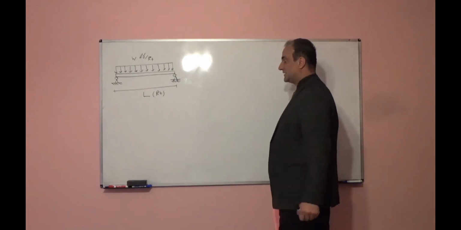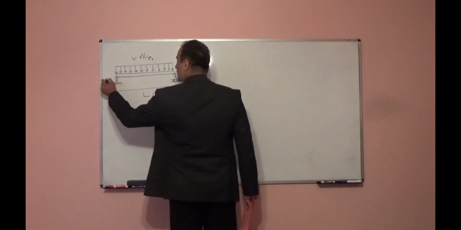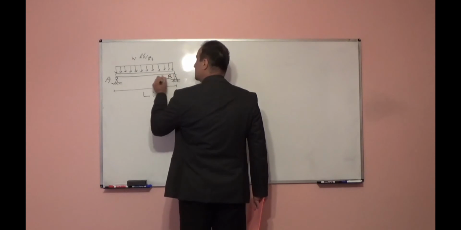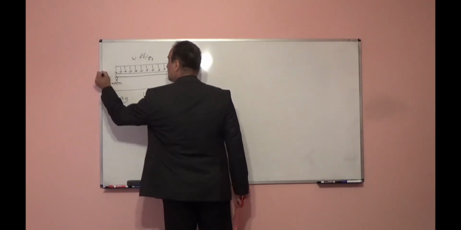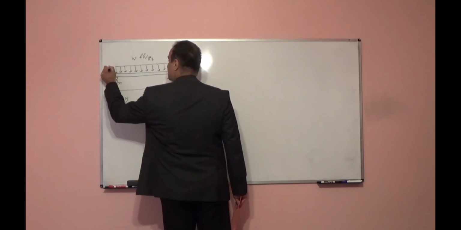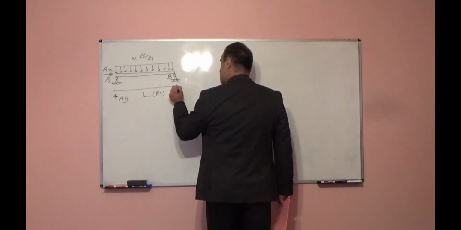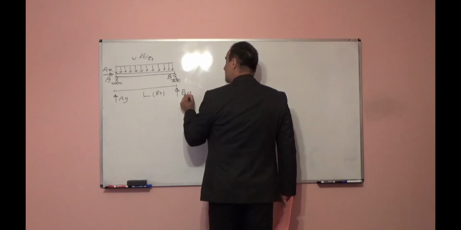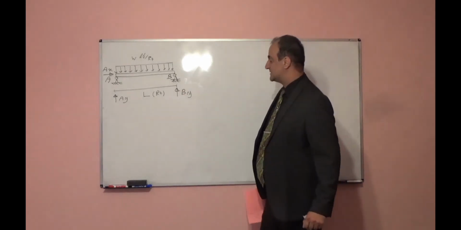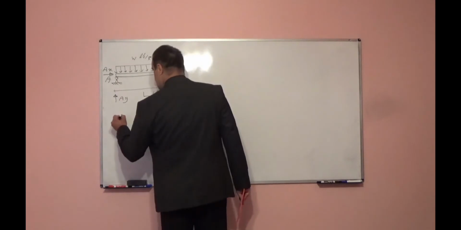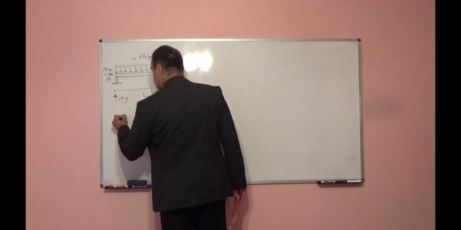I want to find reactions in this beam, point A, point B. Here at this point we have two reactions, AY, AX. Here I have one reaction, BY. Because it is in 2D space, a plane structure, I can write three equilibrium equations.